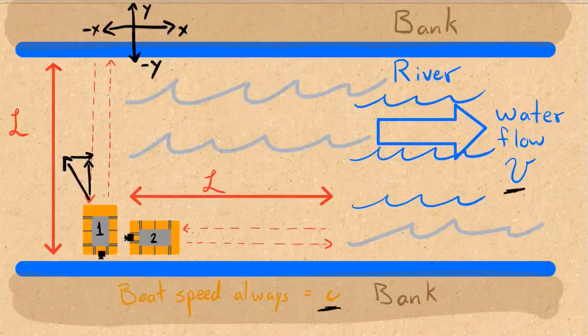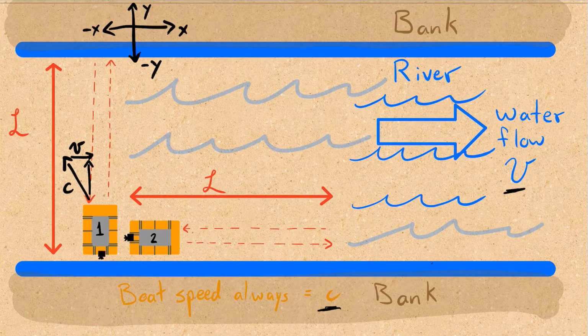To do this, you probably already figured it out, we can use the Pythagorean theorem. We know that the boat is going at speed c in this direction, and the water is going at speed v in the positive x direction. So we need to use the Pythagorean theorem to figure out how fast the boat is going in the positive y direction. It's pretty simple to figure out.